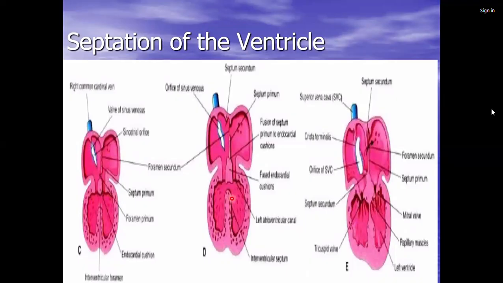So that part becomes the muscular part of the interventricular septum. Then we have this other part where we also have some cushions, but extensions from the valve canal, from the cushions in the valve canal.